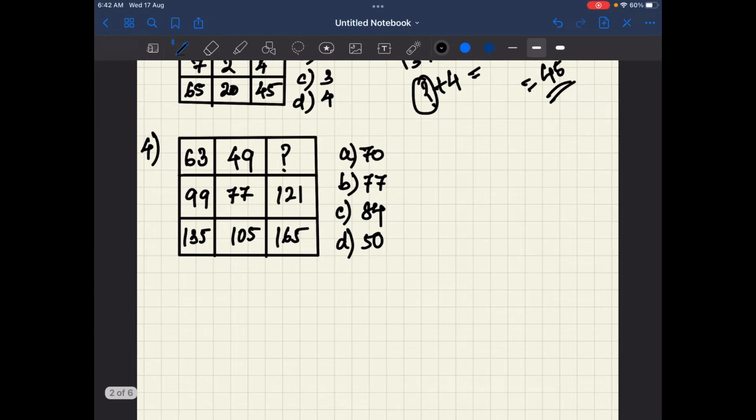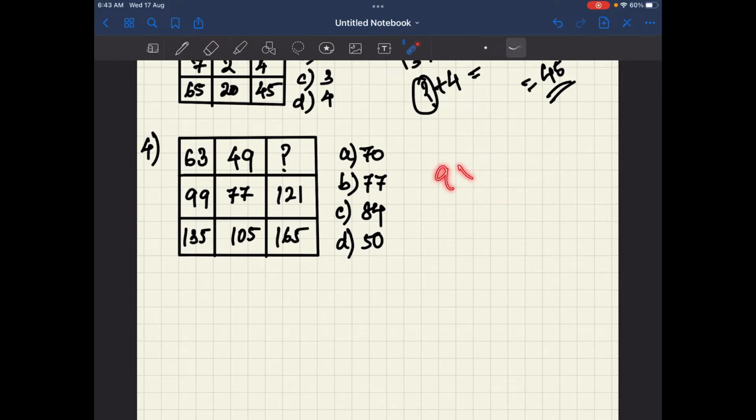In the next question, this one is pretty simple. 63, 99, 135, 49, 77, 105, 121, 165, and we need to find out row 1's third element. So 63 is 7 into 9, but 99 doesn't come under any multiples of 7, so it would be 9 into 11.